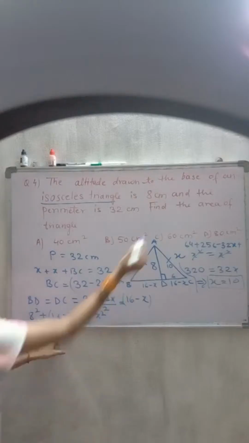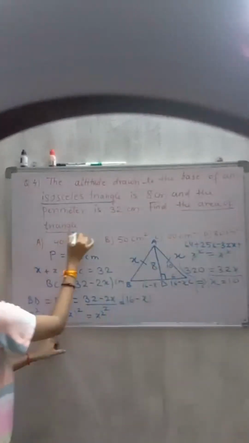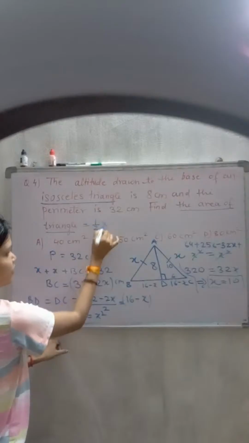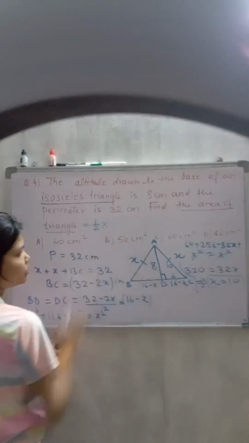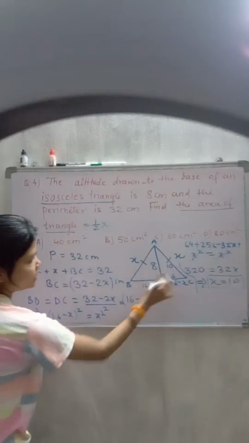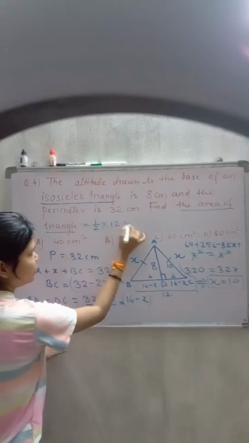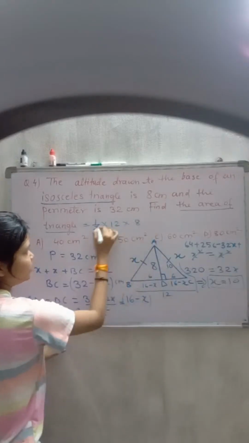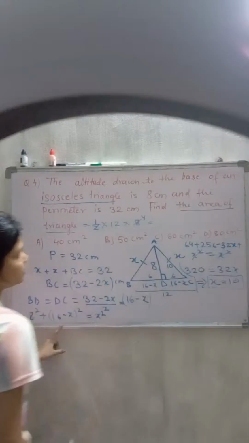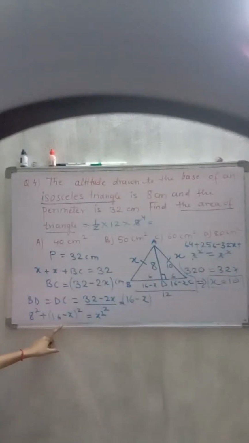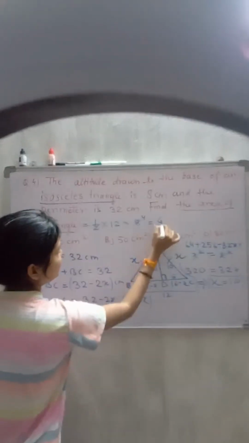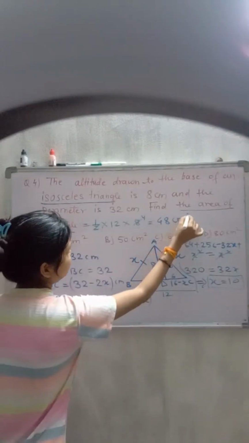And we want the area of this triangle. So area of triangle will be half into base into height. Base will be 12 into height 8. 2 4s are 8, so the area is 48 centimeter square.